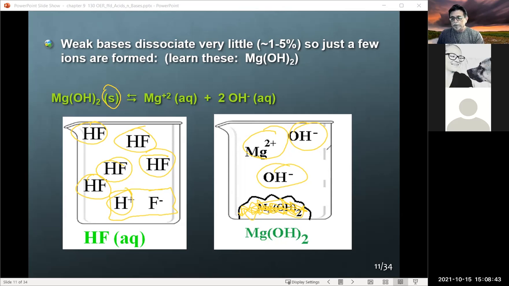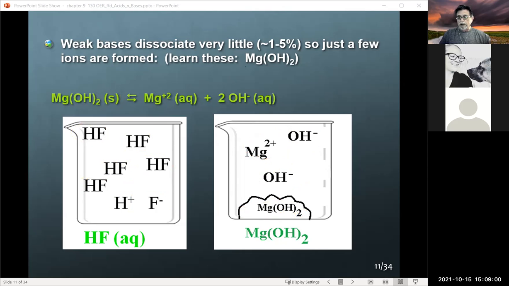But then we show at least one set of ions. And of course, we have two hydroxides because of the parentheses, two hydroxides with one magnesium ion, okay? So that's how we depict a weak acid and a weak base in a beaker of water, if you will, in a diagram.